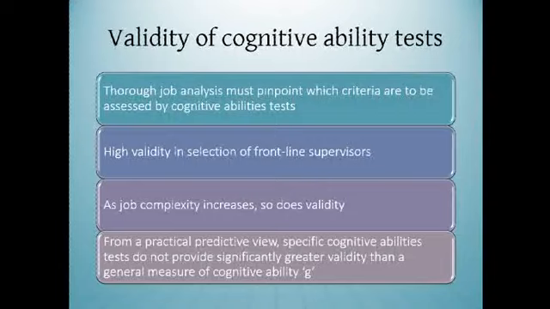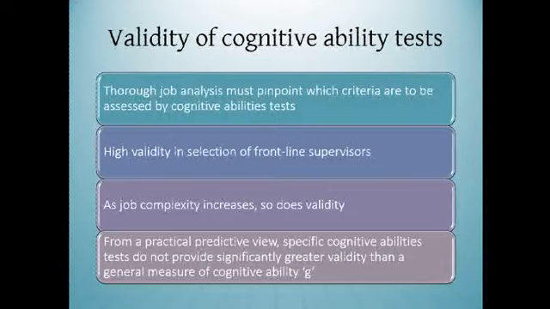And it is more valid for more complex jobs, which is to say, the more stuff in the job analysis, the greater the variety of tasks, the more likely general mental ability is to have good, high validity. Predictive validity, I should say.